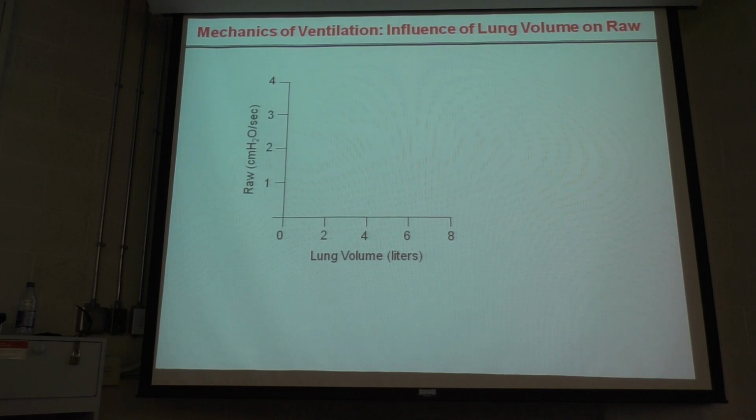Okay? So what you see is that as lung volume increases, you actually see this kind of nice curvilinear decline in airway resistance. So, it basically says that if you breathe at low lung volumes, you breathe with a high airway resistance. If you breathe at high lung volumes, you breathe with a low airway resistance.